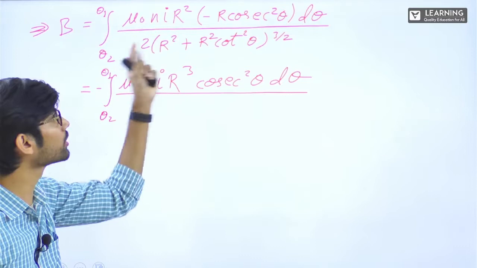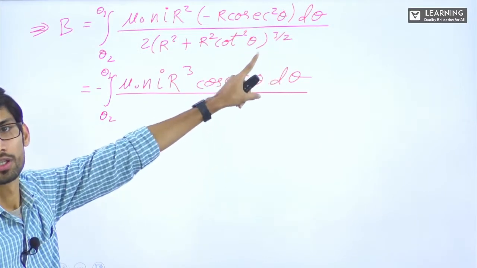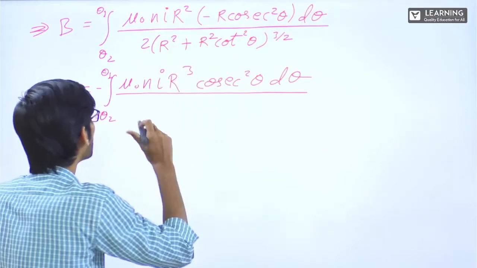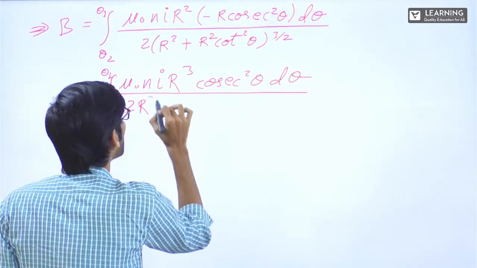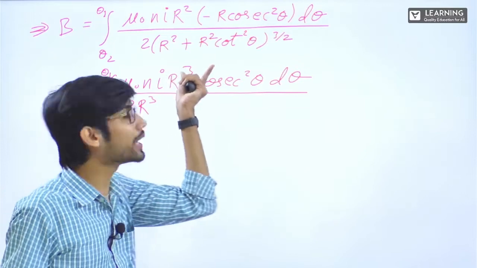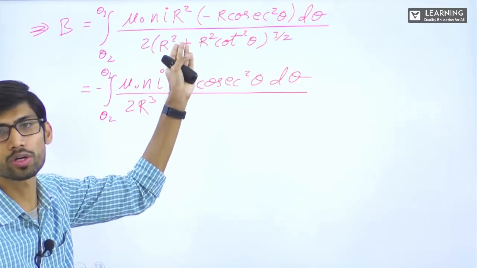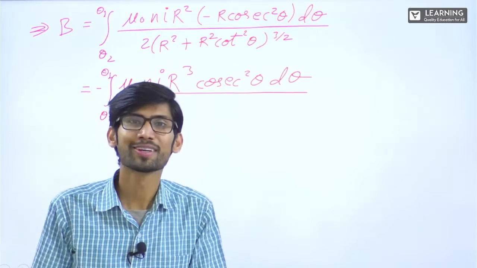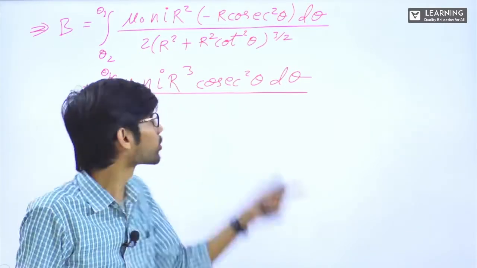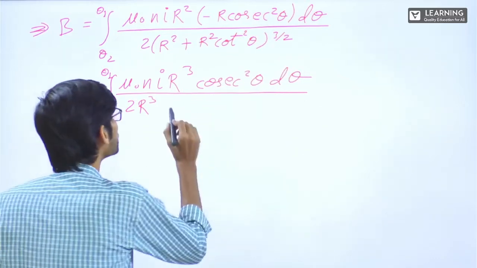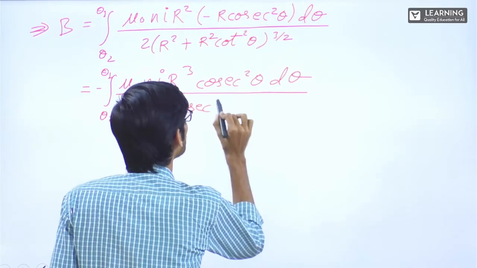Once it comes out, the power is 3 by 2, so r square power 1 by 2 is r, and power 3 is r cube. Inside it is 1 plus cot square theta. If I take out r square common, it will be 1 plus cot square theta. 1 plus cot square theta is cosec square theta, right? Cosec square theta power 3 by 2 is cosec cube theta.